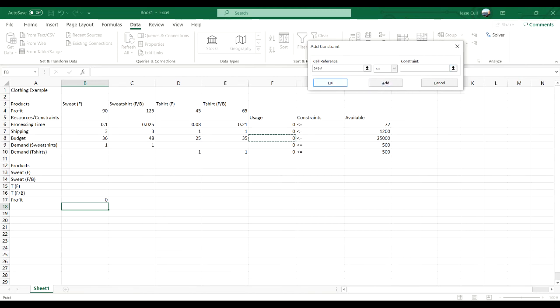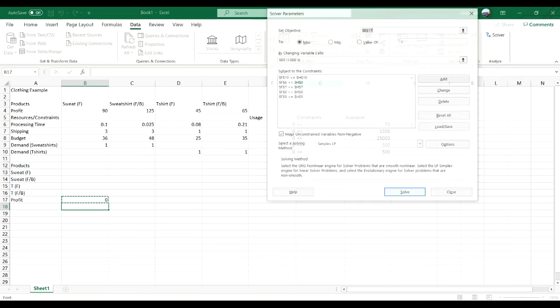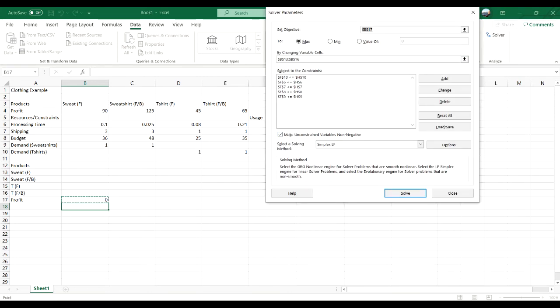Total budget must be less than or equal to the actual budget we have. Total demand must be less than or equal to what is demanded. And finally, total demand for t-shirts must be less than or equal to actual demand for t-shirts. We hit OK. We have our 5 variables.